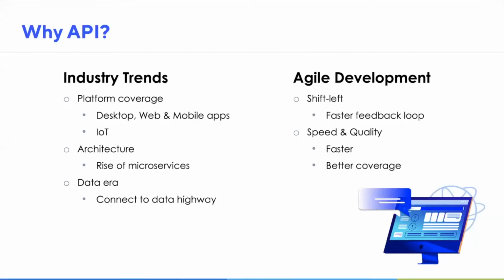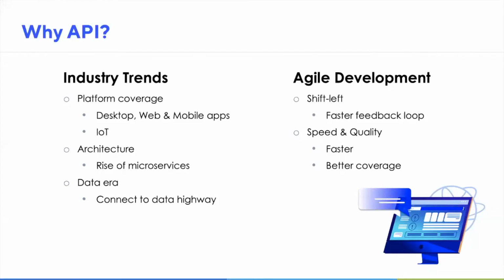If there is any problem, they can fix it immediately, not wait a while for building and testing and then fix the bug. But if they do it with API, they can easily identify the problem in the beginning.